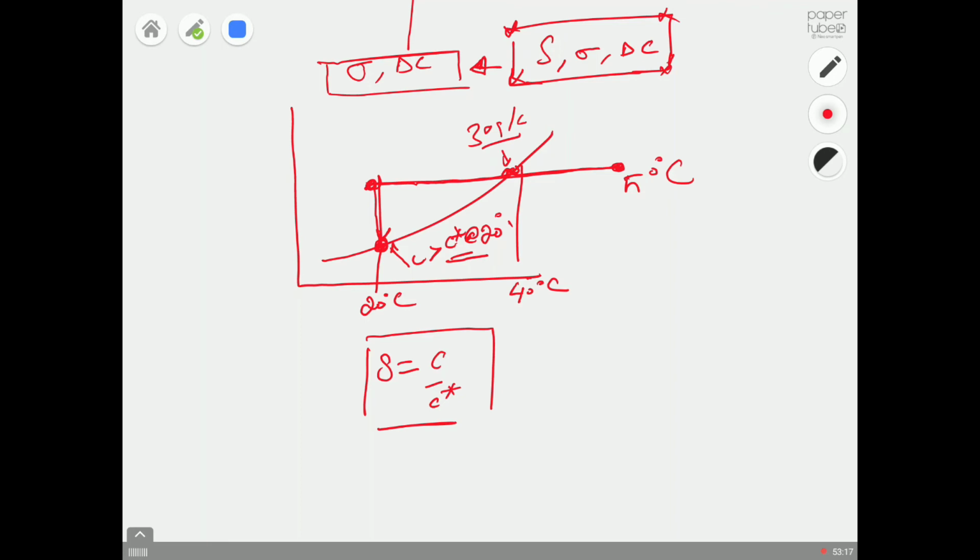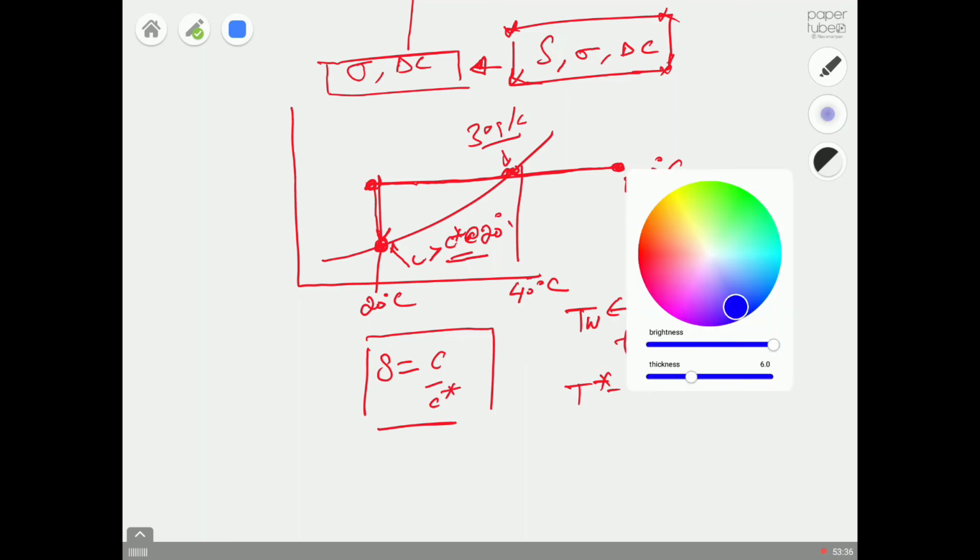And you should remember what a working temperature is, and then the saturation temperature. Saturation temperature is this particular point. Let me change this color.